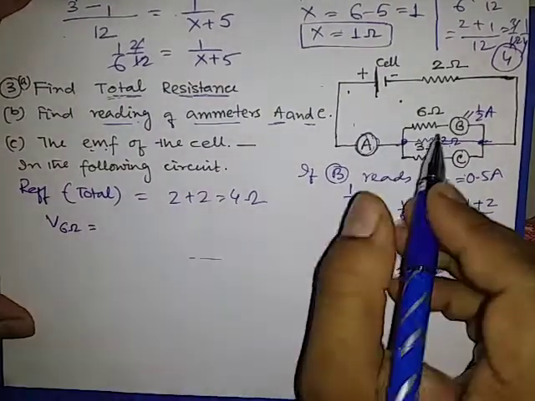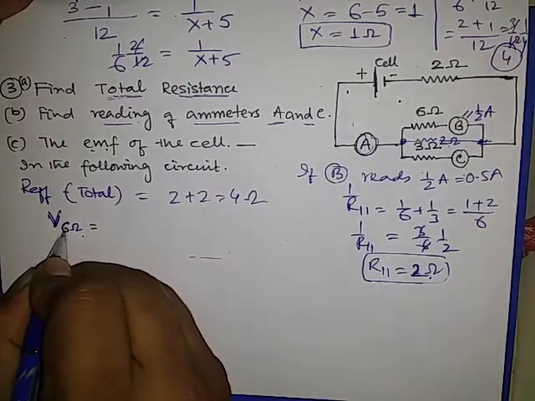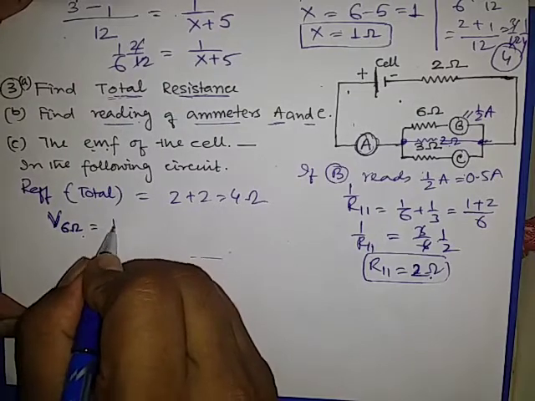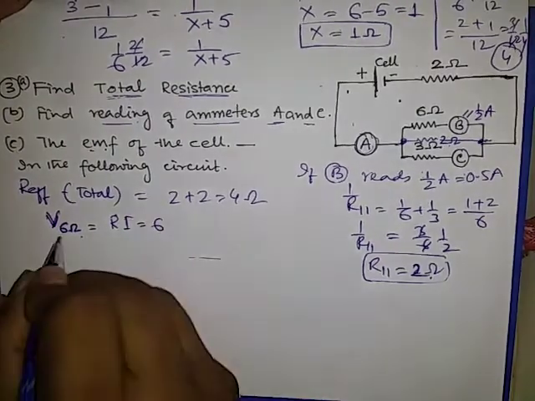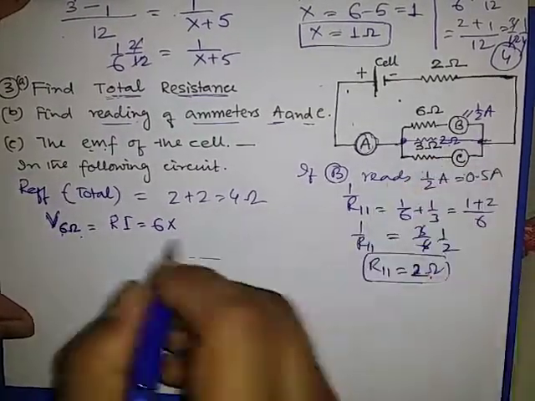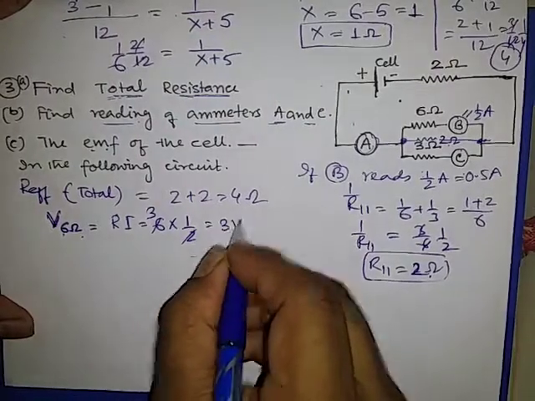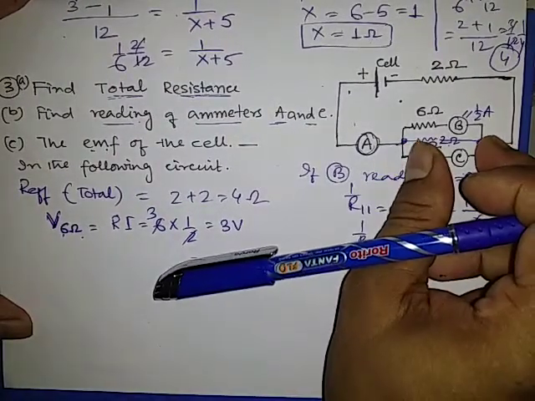V equals Ri. Here R is 6 ohm and I is half. So you get 3 volt. So there is a potential drop of 3 volt, right?